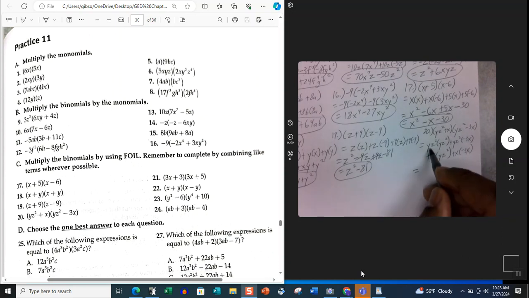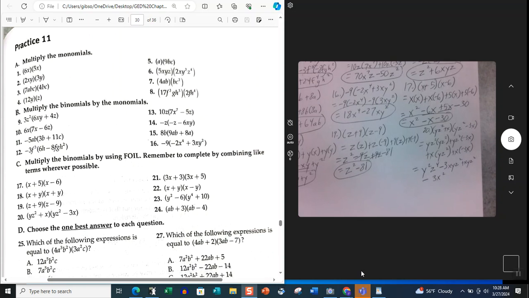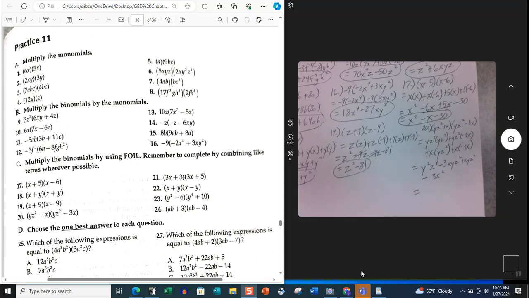So now we multiply yz squared times yz squared is y squared z to the 4th. Because remember, when you multiply the same base, you add the exponents. Now we will have minus 3xyz squared. And then here this will be plus xyz squared. And then this will be minus 3x squared. Now we combine like terms.